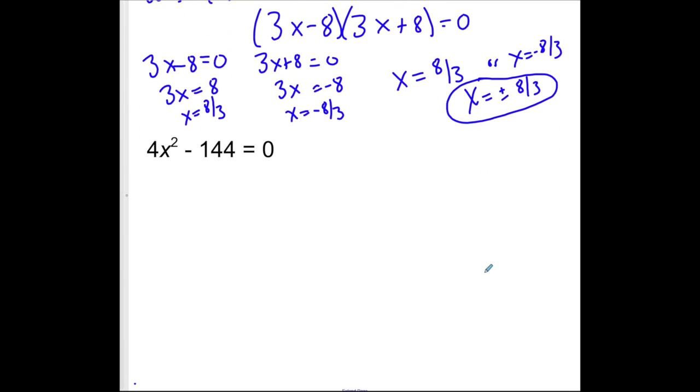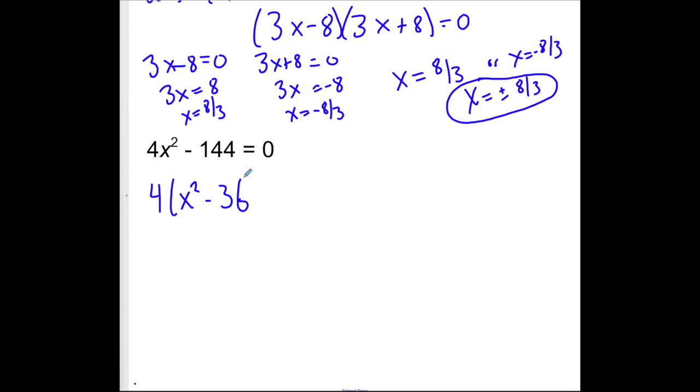Finally, and this one you actually have a couple options because 4 and 144 are both divisible by 4. So one thing you could do would be to factor this out. 4 goes into 144 36 times, and 4 goes into 24 6 times.